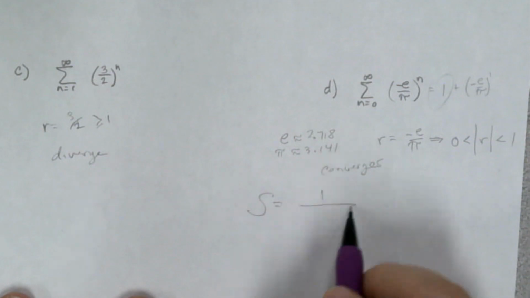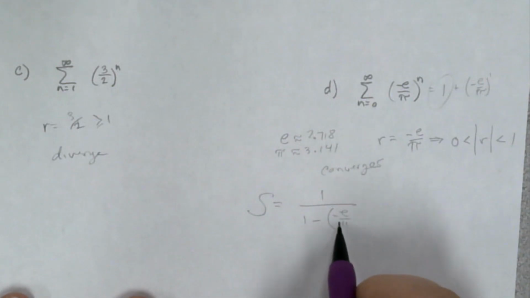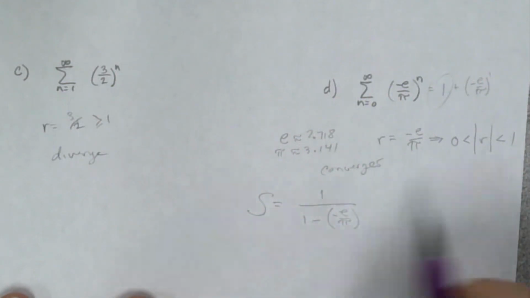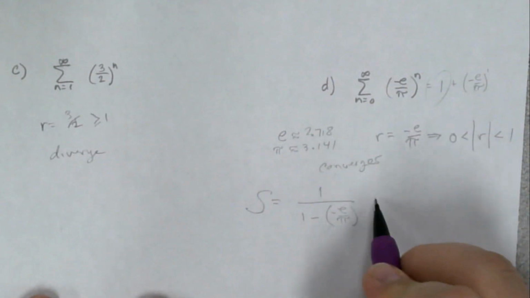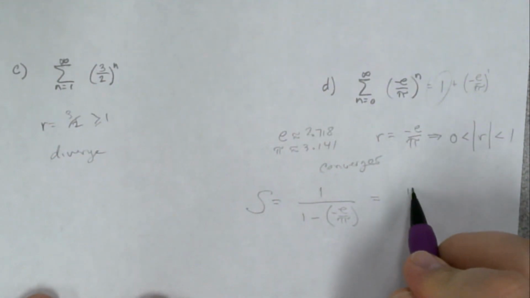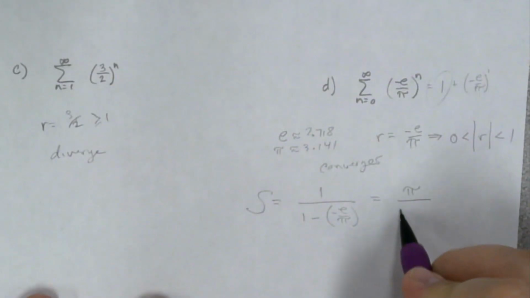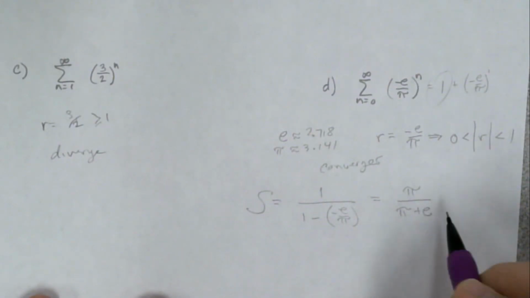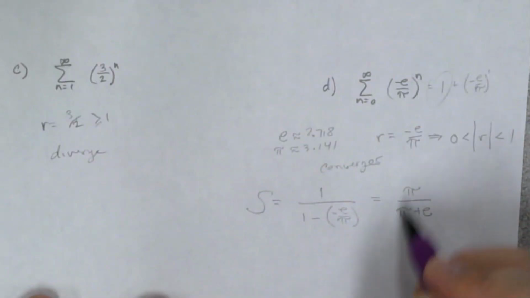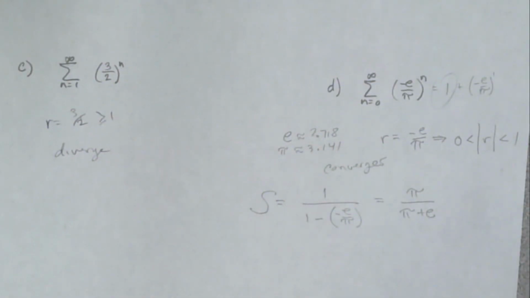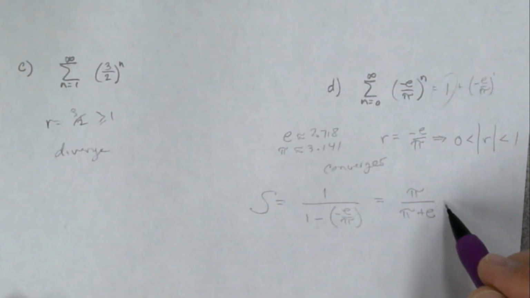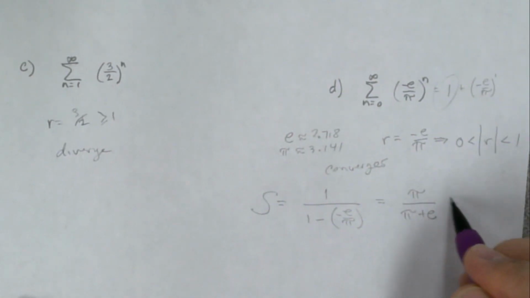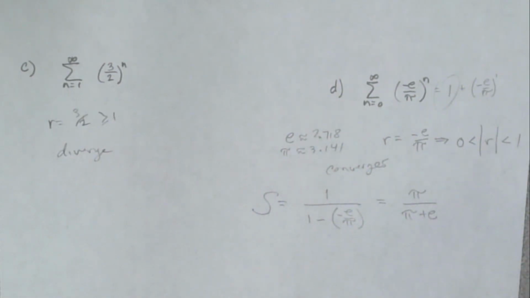So 1 over 1 minus r, which is negative e over pi. And then I can work this out through the magic of mathematics, and I can get an exact answer that looks like this. Why don't you try practicing the manipulations of this to get to that? Okay? And then you can always give a decimal approximation. Just remember, if it is decimal, it's an approximation, not an equals.